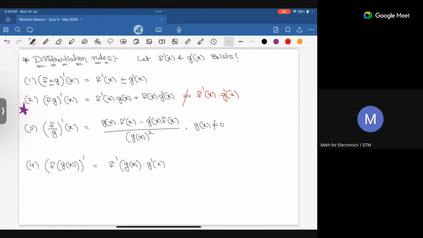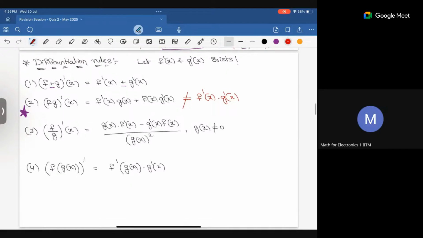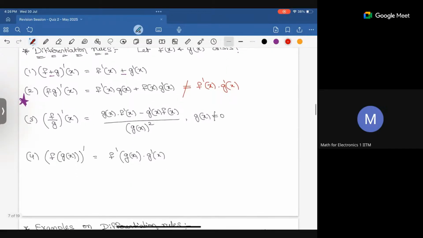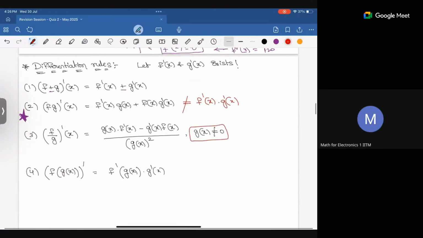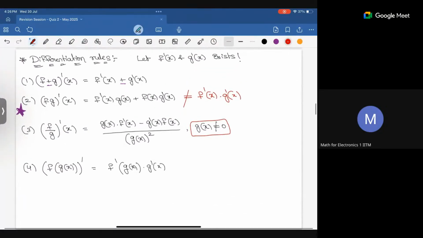Okay, so that is about product rule, and we also have division rule and the composite rule, right? So f by g's derivative will be equals to g of x into f prime x minus g prime x into f of x divided by g of x whole square. And the only added condition is, since g of x is coming in the denominator, it should not be equals to 0.